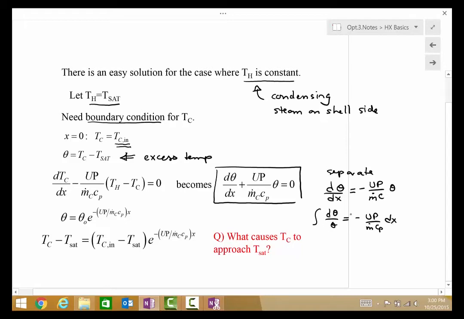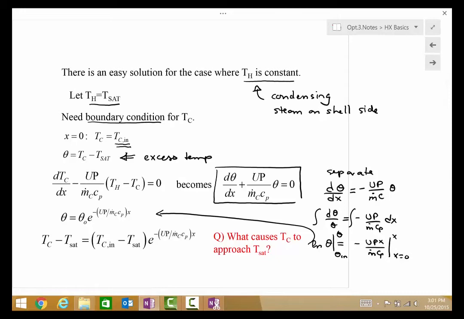We integrate, and we get log theta from theta in to theta is equal to minus UPx over m dot c from x equal to 0 to some value of x. We take the inverse of this log, which is the exponential, and we get the solution in terms of the exponential of minus UP over m dot Cp times x.